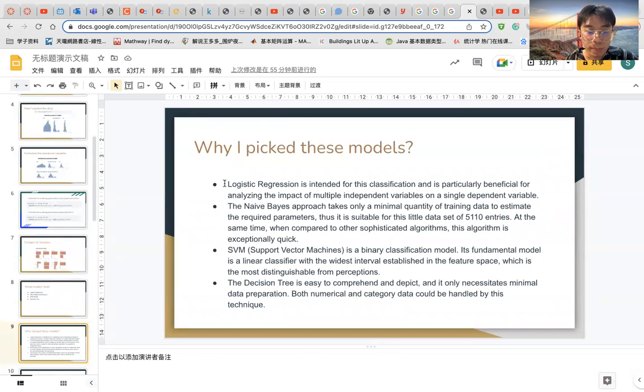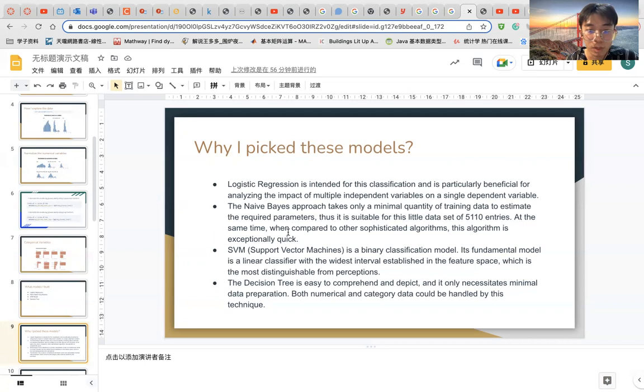For the first model, logistic regression is intended for classification and is particularly beneficial for analyzing the impact of multiple independent variables on a single dependent variable. And the naive Bayes approach takes only a minimum quantity of training data to estimate the required parameters, so it is suitable for the small dataset of 5,110 entries.